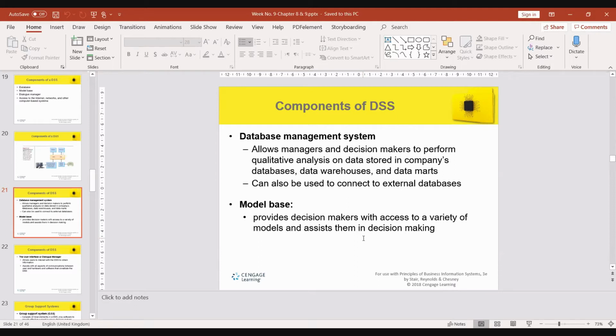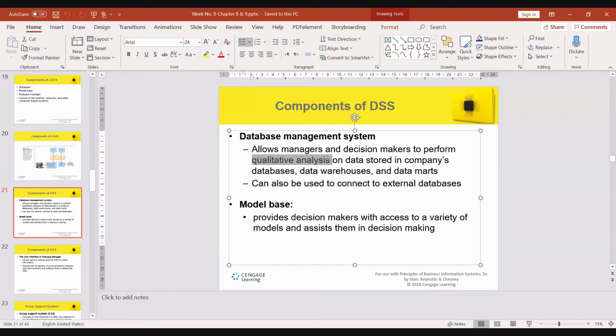First you connect with the server, then you can do anything. So this system allows managers and decision makers to perform qualitative analysis. You can generate reports on data stored in companies' databases. So the DBMS manages your data. Obviously it is a part of DSS because you will store the data and you need to manage it, and for that you need the database management system.